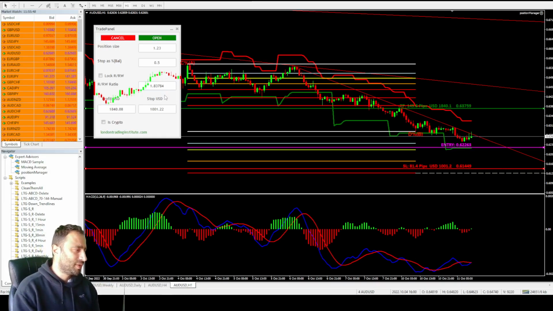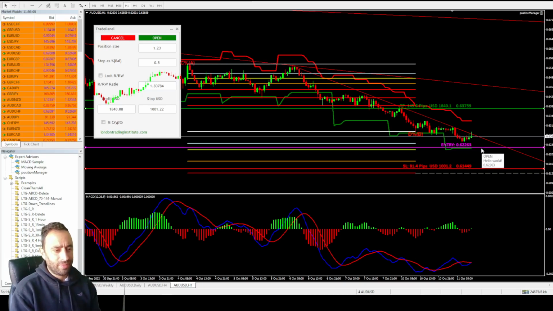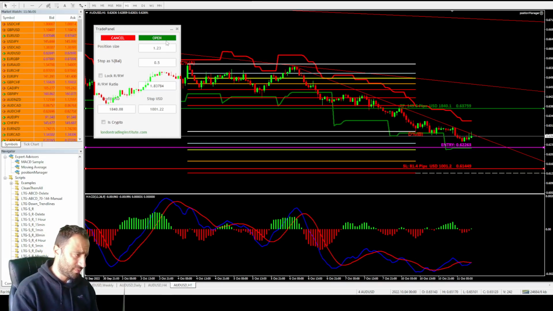So on this particular trade, I'm going to be risking just over $1,000, and I'm looking to make $1,840. But you can work out the numbers depending on how much risk you've got and what your account size is. So let's place this trade.